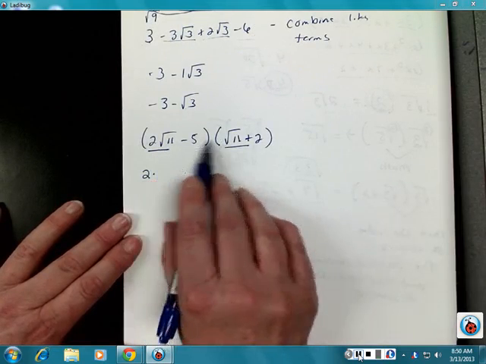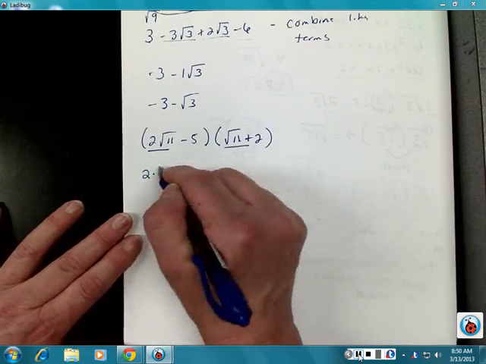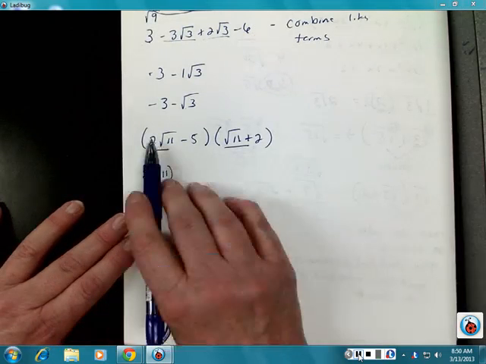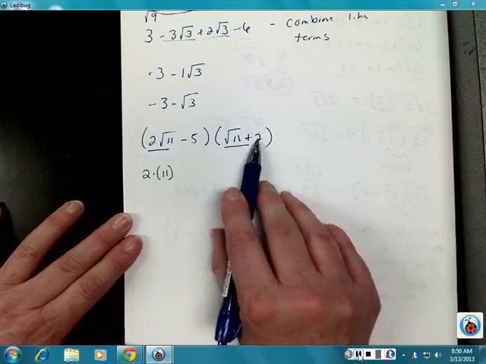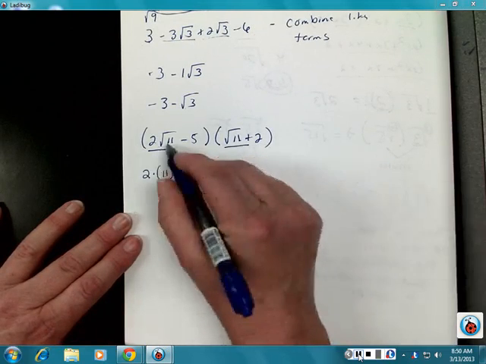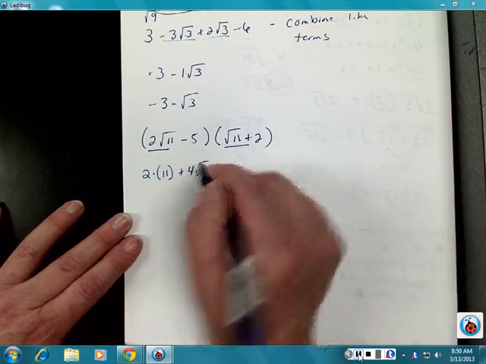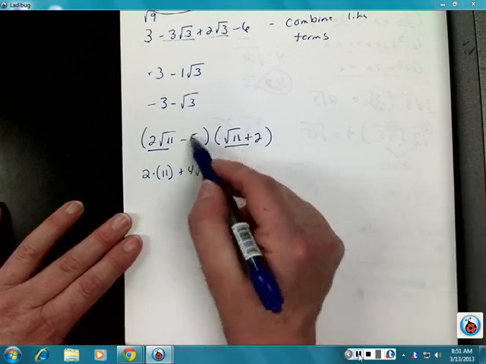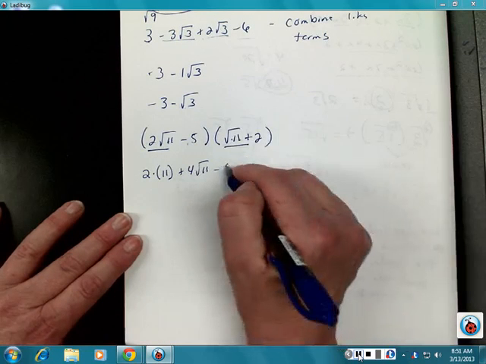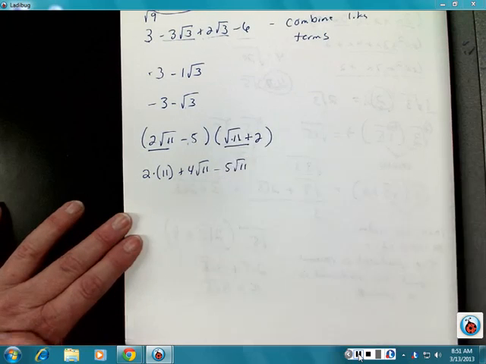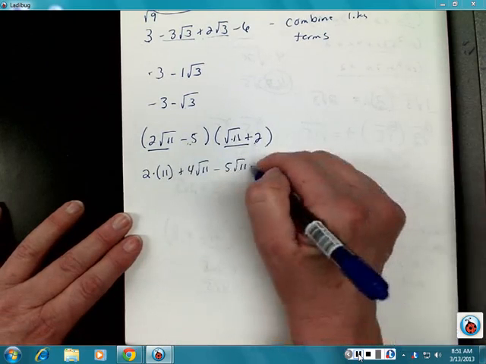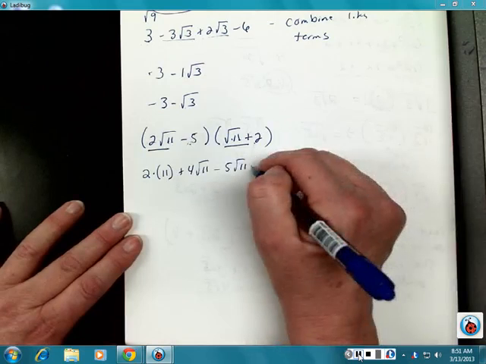Square root of 11 times square root of 11 is 11. 2 times 2 over here is a plus 4, but I still got that square root of 11, just like if I had an x on there, it still comes along. Negative 5 times the square root of 11 is a negative 5 square root of 11.